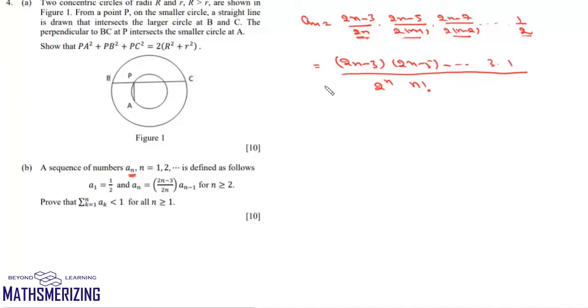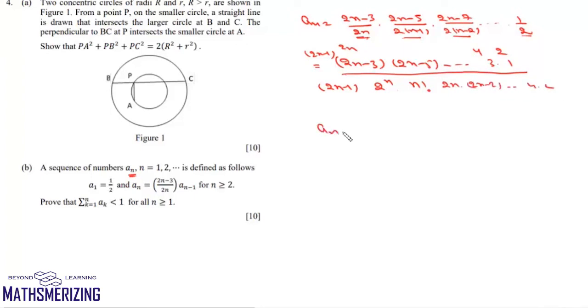Now we'll also multiply and divide by 2n minus 1, and with that we'll also multiply and divide 2, 4 up to 2n.